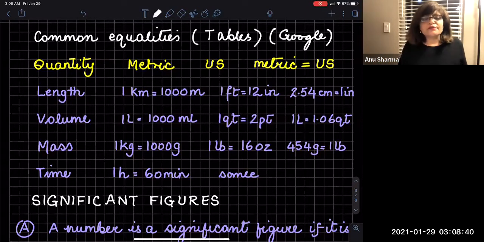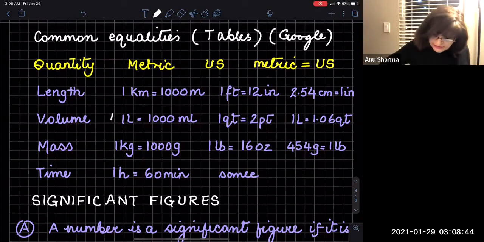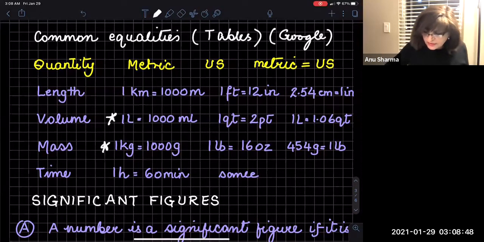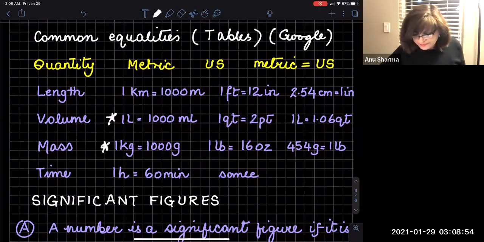Then comes the volume. 1 liter is 1,000 mL. This is commonly used in chemistry, and similarly grams and milligrams, and liters and milliliters. So these conversions, we commonly use them.